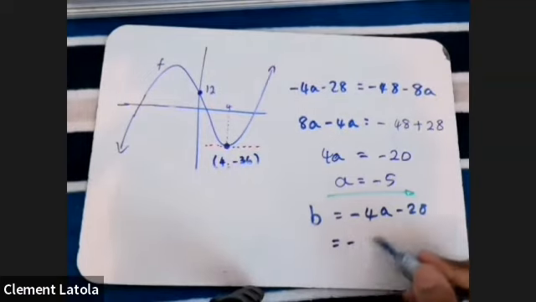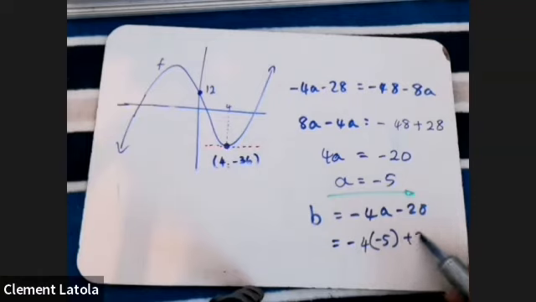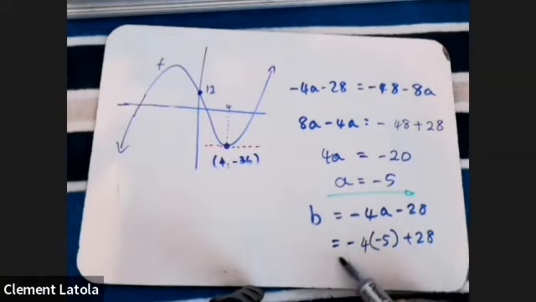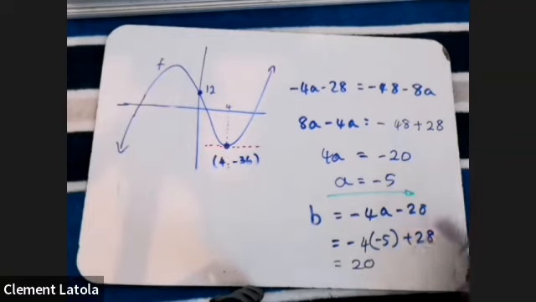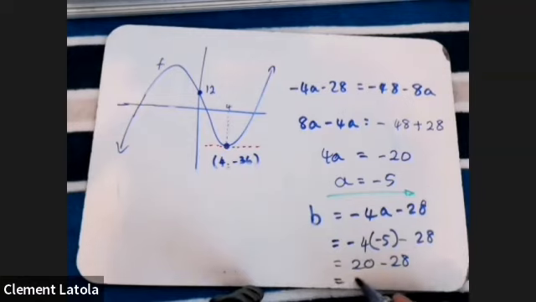Okay, so negative 4 times negative 5 is 20. And if you minus 28, then you get negative 8 as your answer for b. Okay, so b is equal to negative 8.